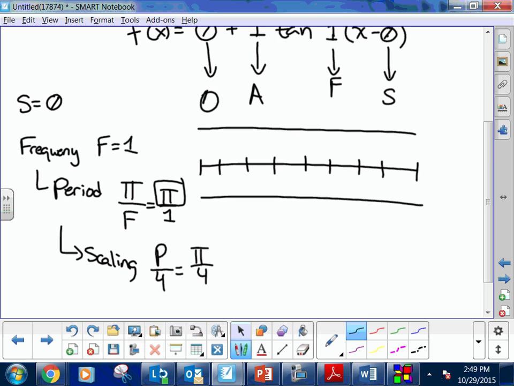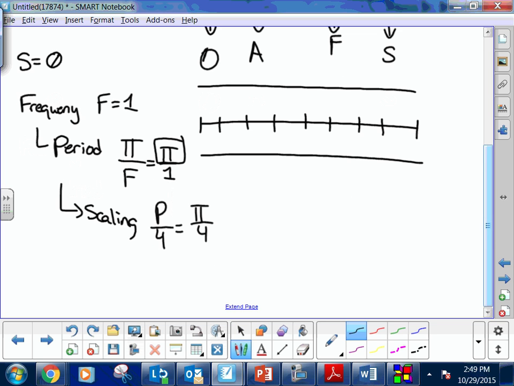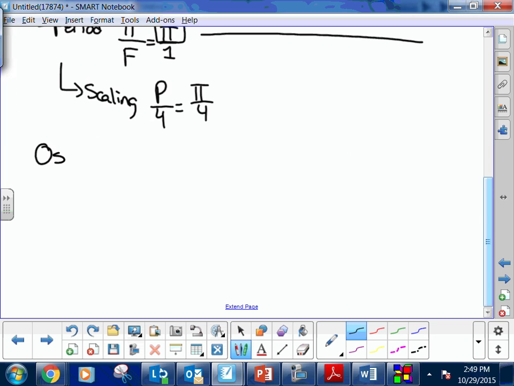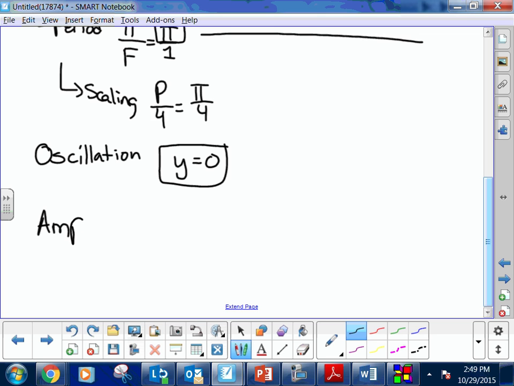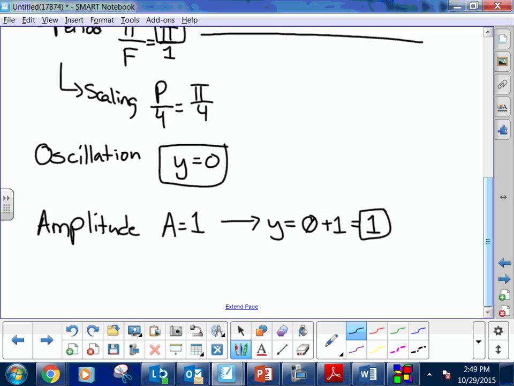So that's lovely. Now, as far as the axes of oscillation and amplitudes, those are going to be easy to find because oscillation in this tan function without anything on it means that y is equal to 0. That's going to be my midline. My amplitude, which is a equal to 1, means that I'm going to take y, the 0, add 1 to get 1, and subtract 1 to achieve -1.